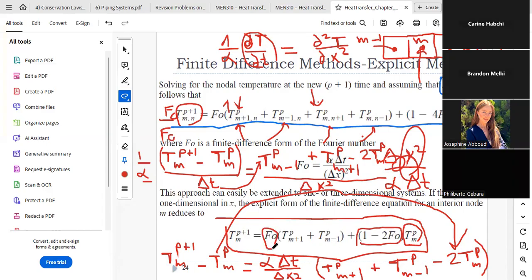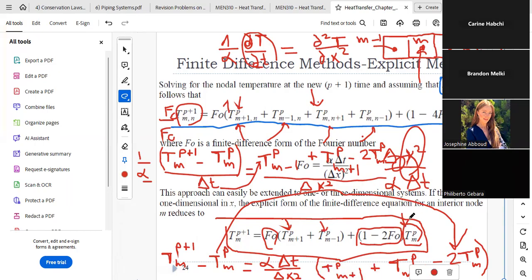And in this way, you were able to express the temperature at cell M at time p plus 1 as a function of the temperatures in the adjacent cells and the cell M at time p. So if you already solved for time p, you just have to replace.